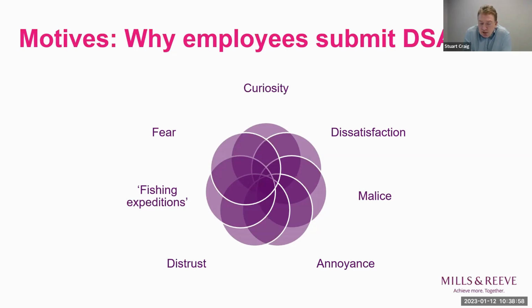And then, is the person acting vexatiously or maliciously? That is obviously sometimes one of the motivations for making a request, particularly if there's a pattern of complaints. And then you might be skeptical about this, but maybe someone is just curious to see what data the organisation holds in relation to them.